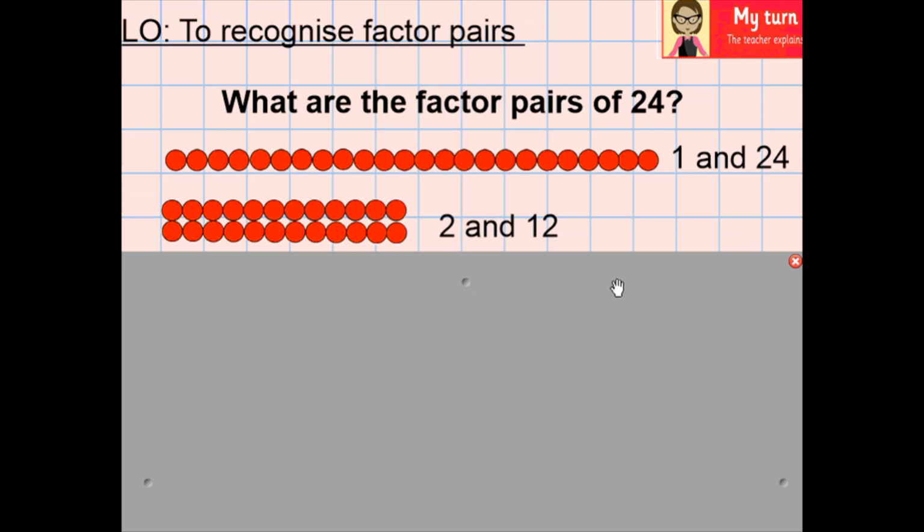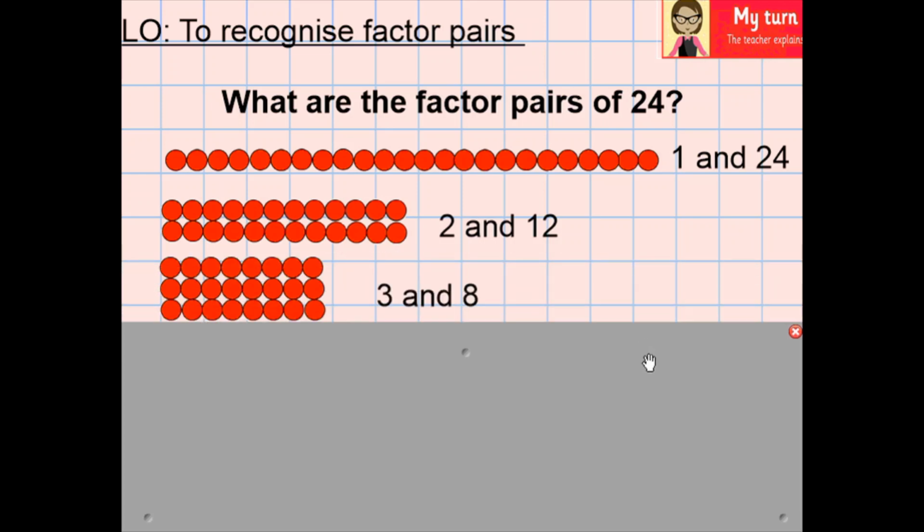Can we make 3 equal rows out of 24? I'm going to use my division now and just have a little think. Can I divide 24 by 3? Yes, I can. So I can now make 3 rows using 24 counters. As we go through the chilies, if you want to try chili 1, it might be if you've got some buttons or some little counters or even pasta shapes or anything like that, you can have a go at making arrays with some little objects at home to help you with this.